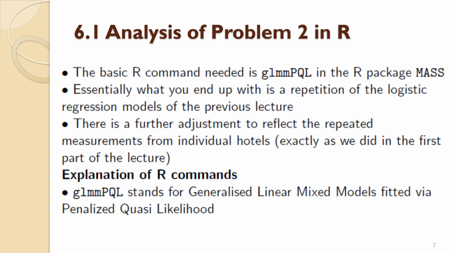You don't need to know the backstory, but I think it makes it easier to figure out what's going on here, because the backstory means that the R code is deliberately named, and here the R command you need, glmmPQL, stands for Generalized Linear Mixed Models fitted via Penalized Quasi-Likelihood. So that's what the PQL bit stands for, Penalized Quasi-Likelihood. It's just a numerical computational routine performed in R.